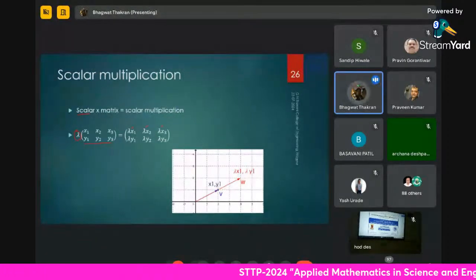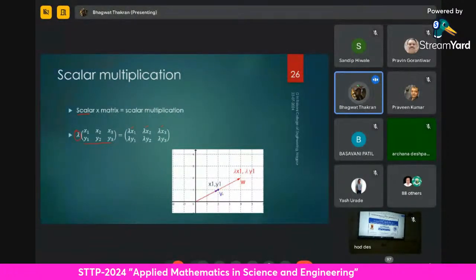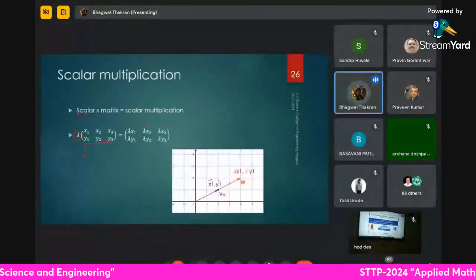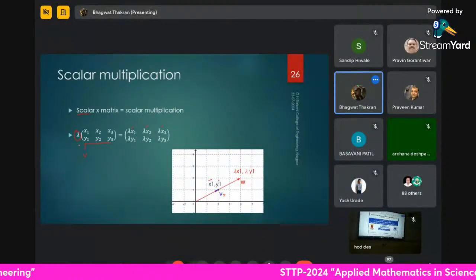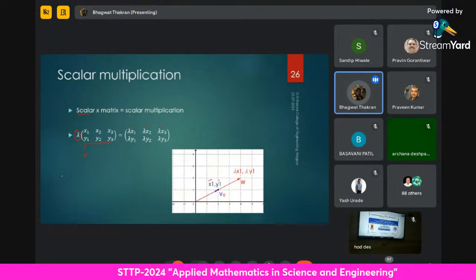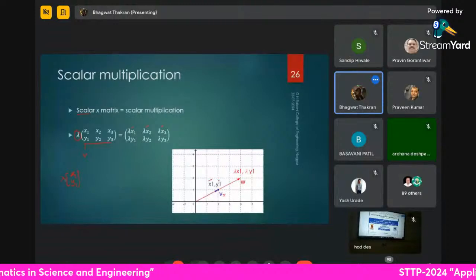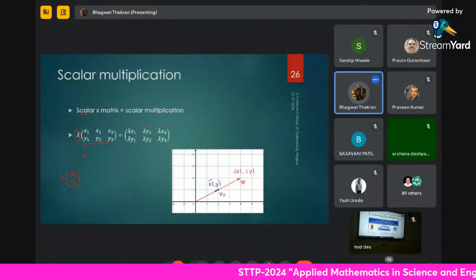just see the visualization. Suppose this is my vector V, which represents the coordinates x1 and y1. So this first column is my V. If I take the scalar multiplication lambda, that means I'm extending my vector V to lambda times.